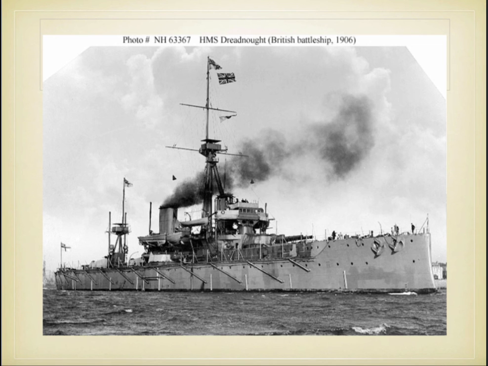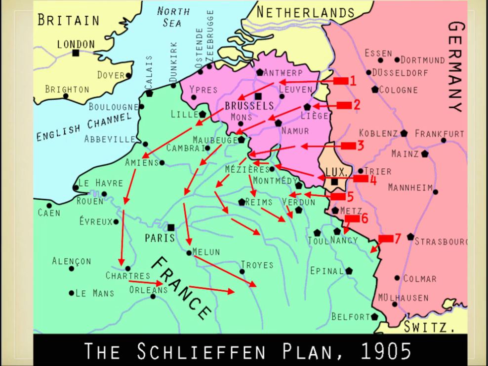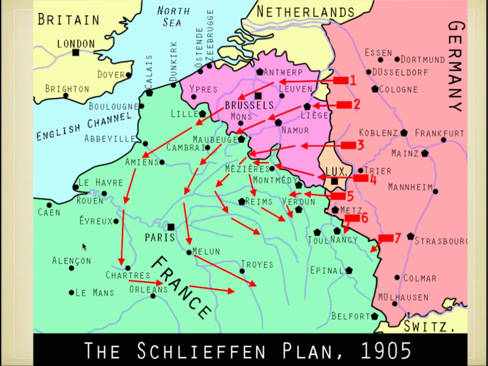We would also see in the years before the First World War the development of peacetime war plans. Here we see the original Schlieffen Plan of Germany from 1905, and we'll talk much more about this in a later video. The Schlieffen Plan of Germany was Germany's solution to dealing with the threat of a war on two fronts.